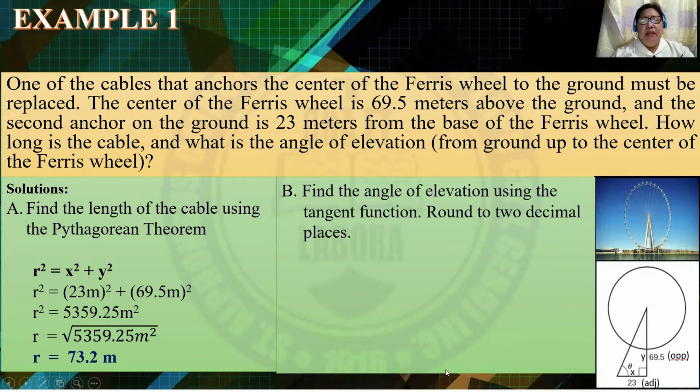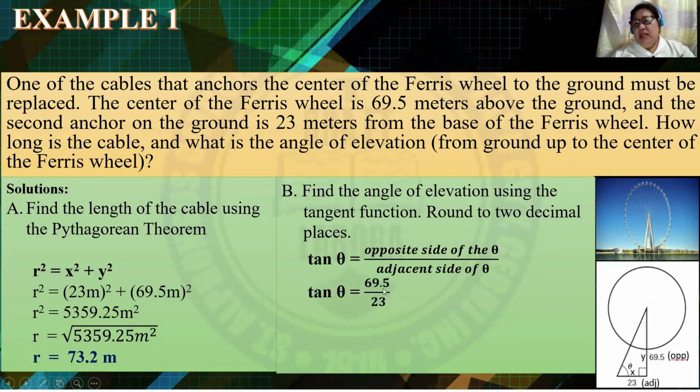Next, we have to find the angle using the tangent function, and you have to round off to 2 decimal places. Tangent function is tangent theta is equal to the opposite side of theta over the adjacent side of theta. And the opposite side is 69.5 over 23. So 69.5 over 23 is 3.02173913.